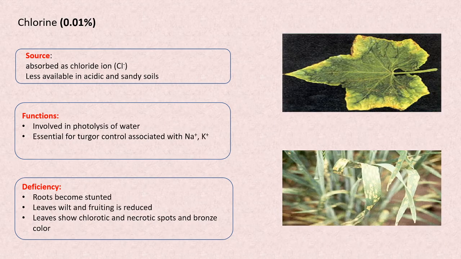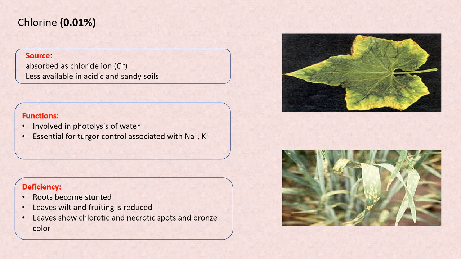The next and last one among the micronutrients is chlorine. Chlorine is about 0.01% of the dry weight of the plant tissue. The source of chlorine is available as Cl minus ion, that is chloride ion, in the soil.